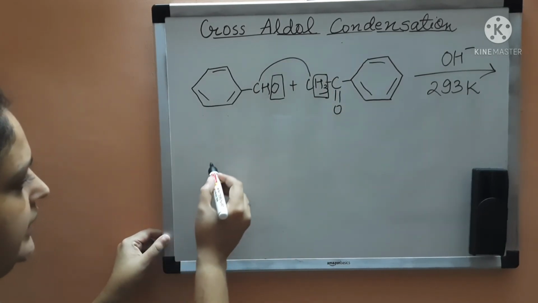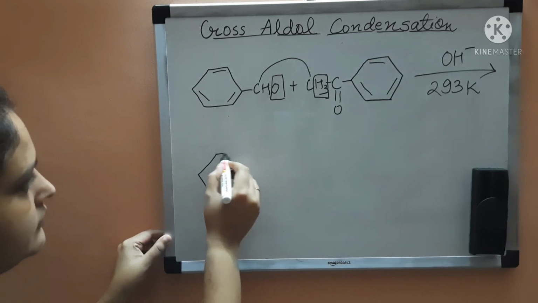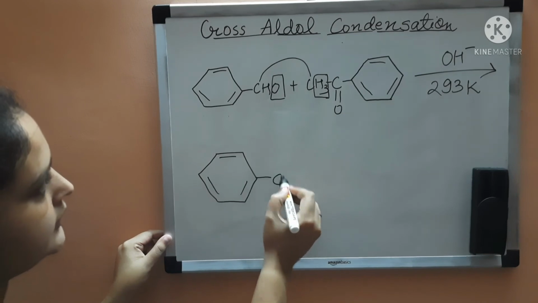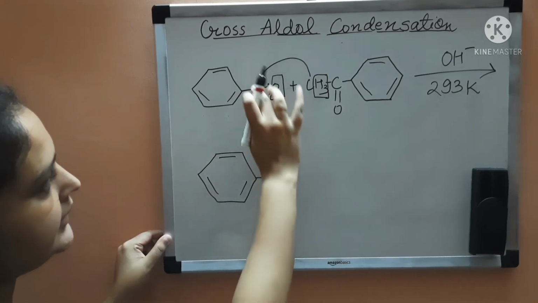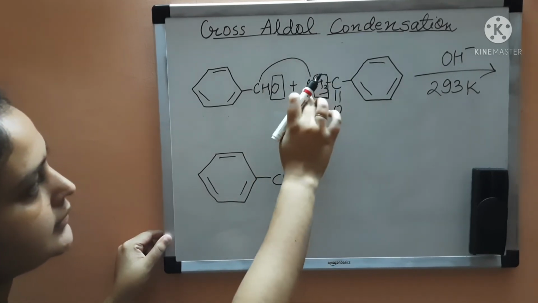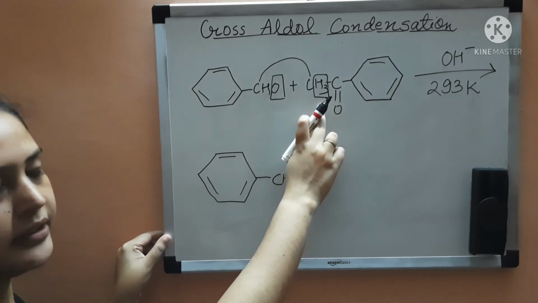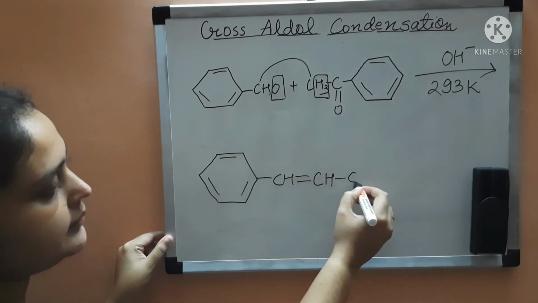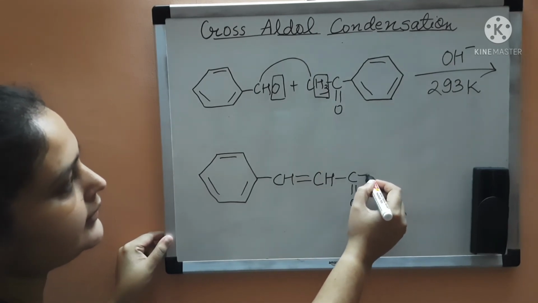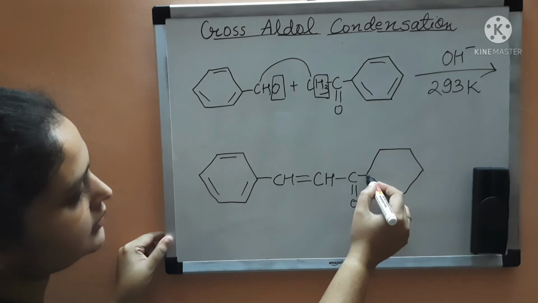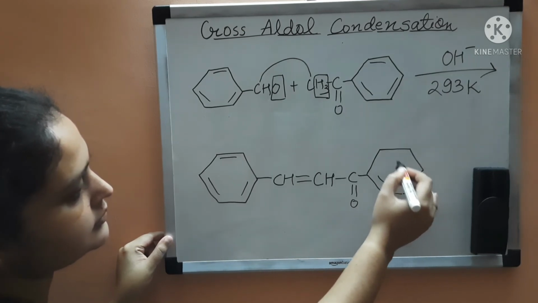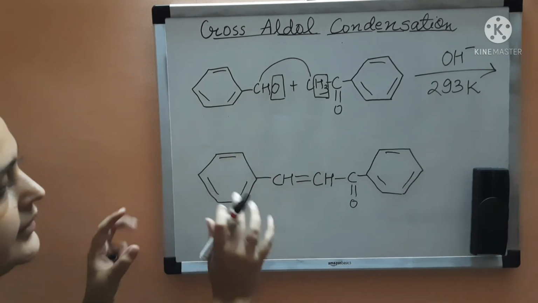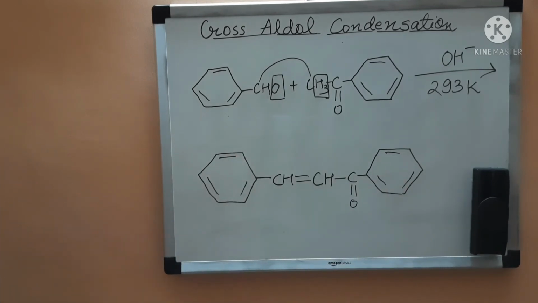So the product will be CH, then carbon-carbon double bond is formed. Then here 2 hydrogen atoms are removed, so CH is left, then C double bond O, and then this ring. So H2O is removed from here and this product is formed.